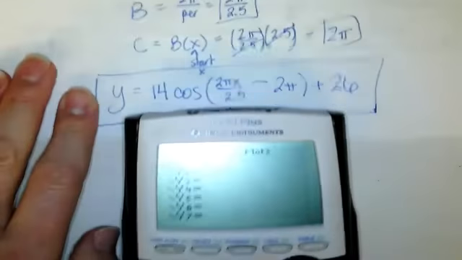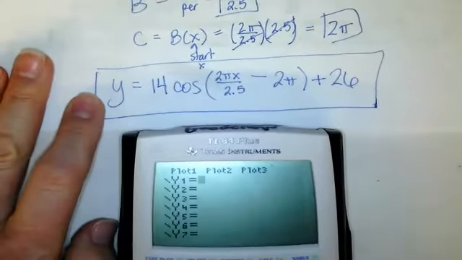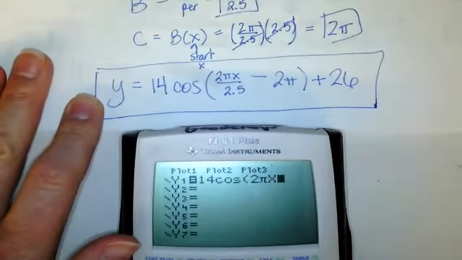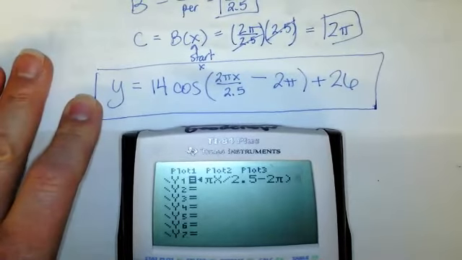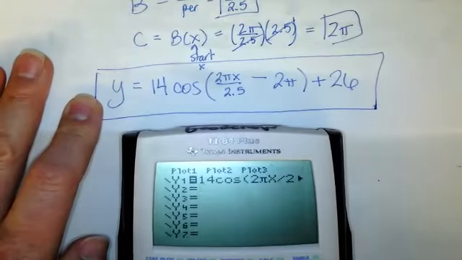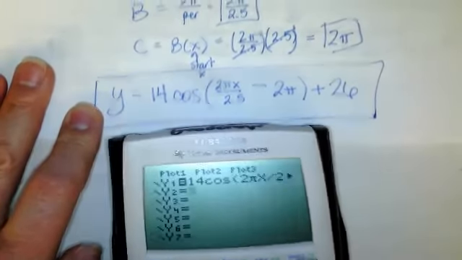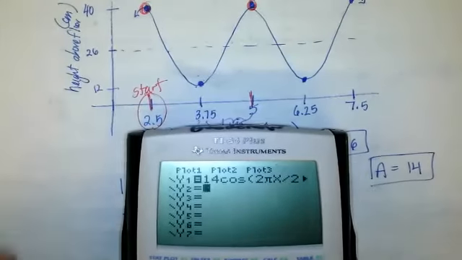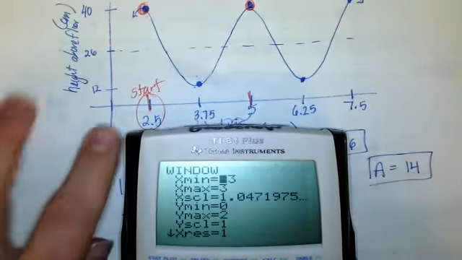All right, so I'm going to type in here 14 cosine of (2 pi x divided by 2.5 minus 2 pi) plus 26. I'm also going to set my window so that it looks like the picture we've drawn, because that is the easiest thing to do.